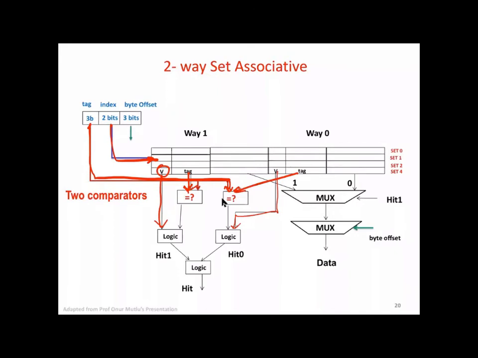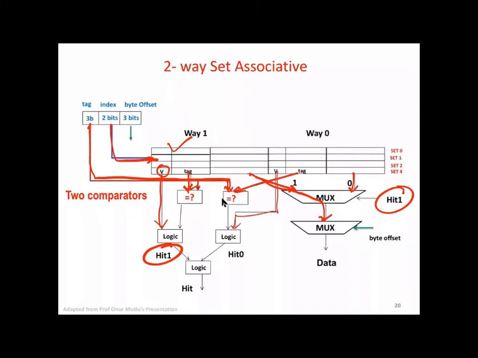Now the data is at the same time taken from both blocks. Based on which one hits, if it is a hit for this one, then we select this data, otherwise the other data will be selected.